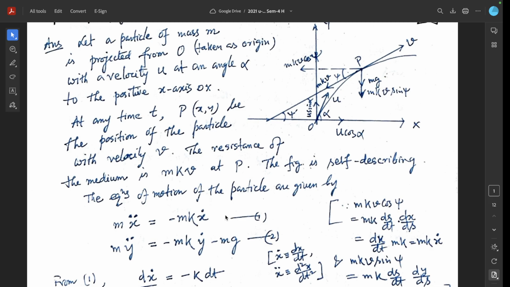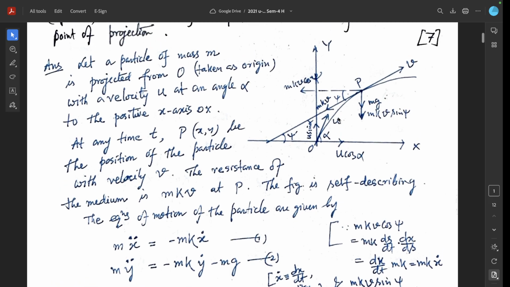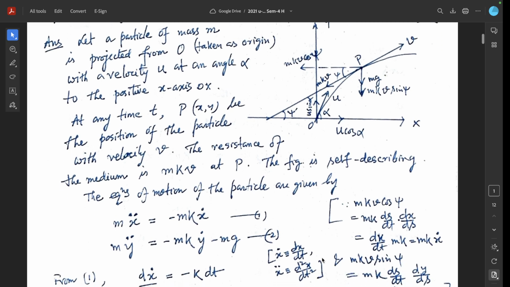So the equation of motion of the particle along the x-axis is m d2x/dt squared equal to minus mkv cos psi. This is the force along the x-axis, in the negative direction of the x-axis, so minus mkv cos psi.